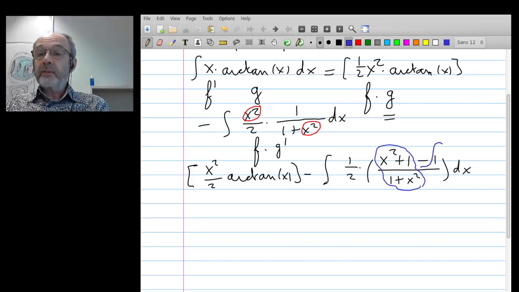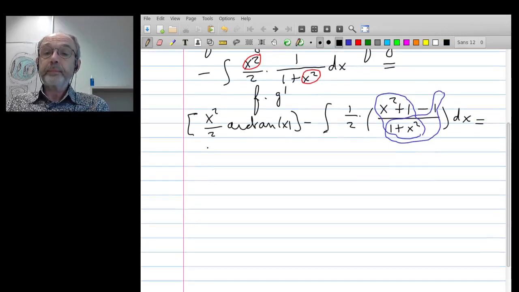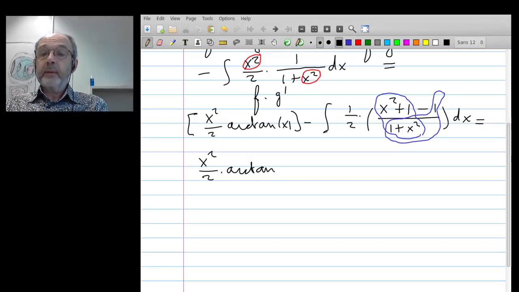And if you divide the other two, the minus 1 and 1 plus x squared, I see that you get the derivative of the arctangent back. And yes, we can do that. Then we get some primitive function out of it. So we get x squared divided by 2 times the arctangent that we still have between the brackets.